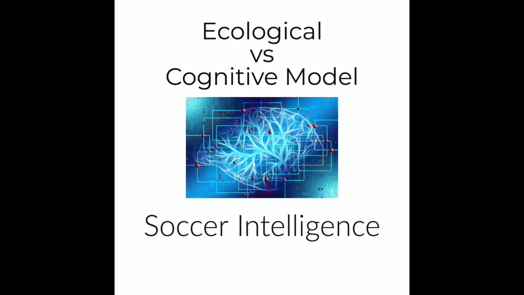The cognitive processing model is A plus B equals action C. So that's very well explained. It's cause and effect. An ecological model looks at the whole and it looks at the person as part of the environment in a constant feedback loop, instead of an A plus B mathematical equation equals action C.